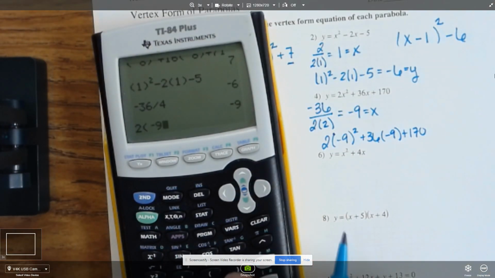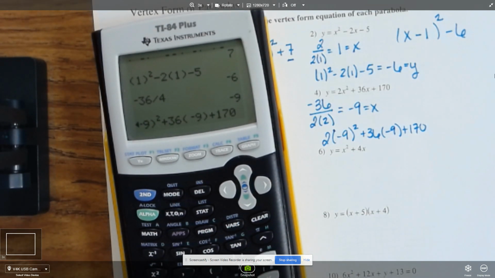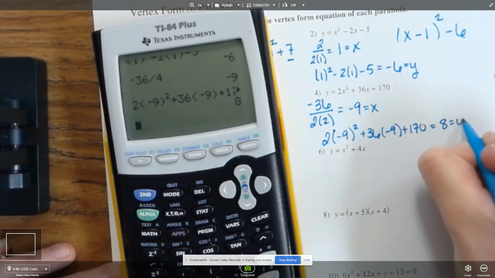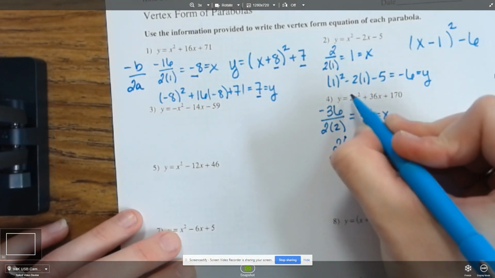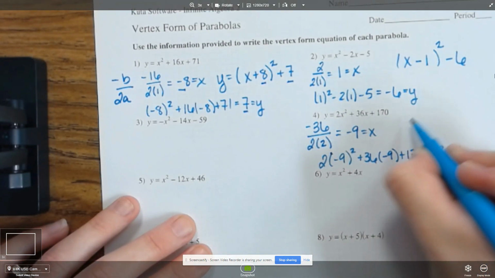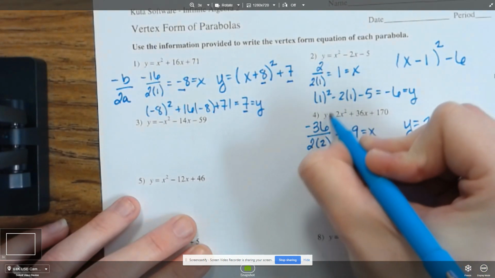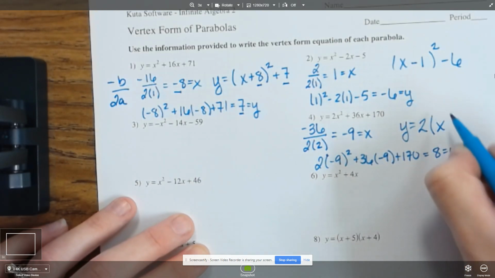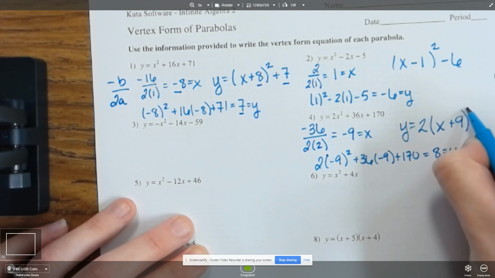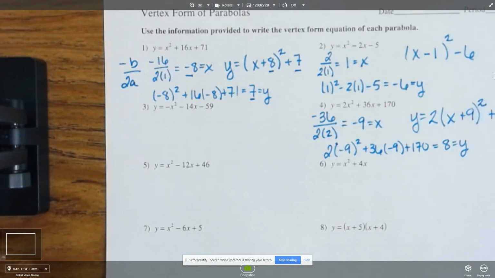So 2 times 81, and so I get an 8, and that is my y. And so here, I've got to remember my leading coefficient, so that's going to come first. Okay, so if there's a coefficient on x squared, you're going to keep that coefficient here. So we would have 2 times x plus 9 squared, and then tack the 8 on to the end.